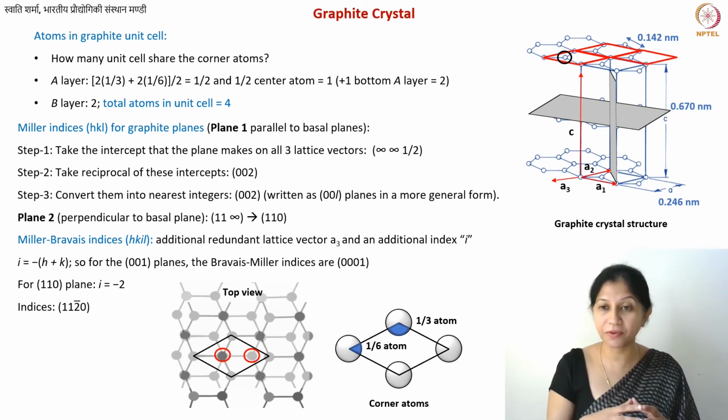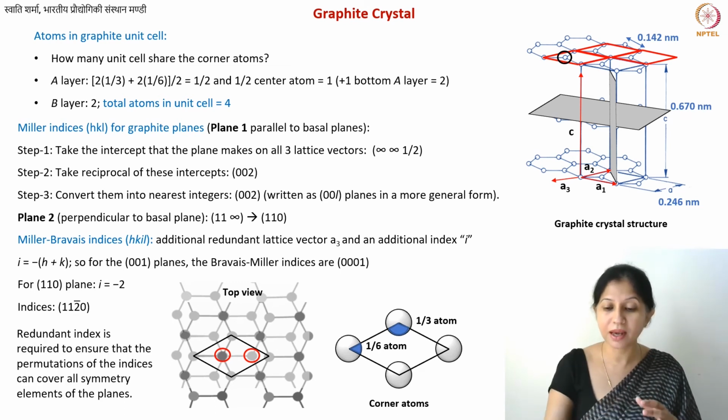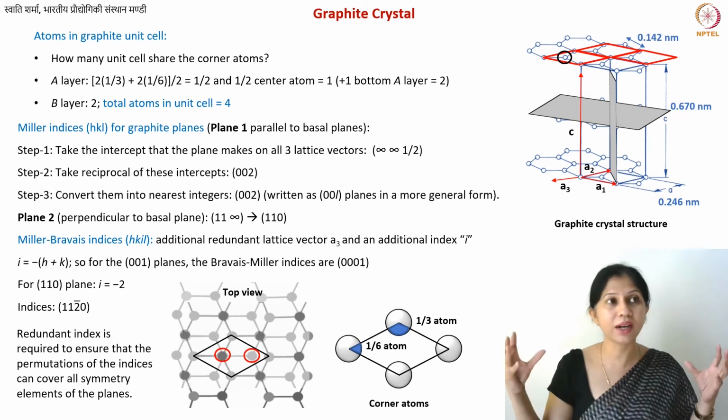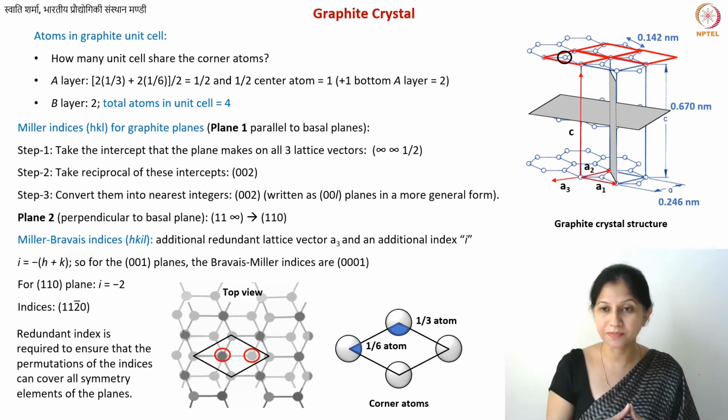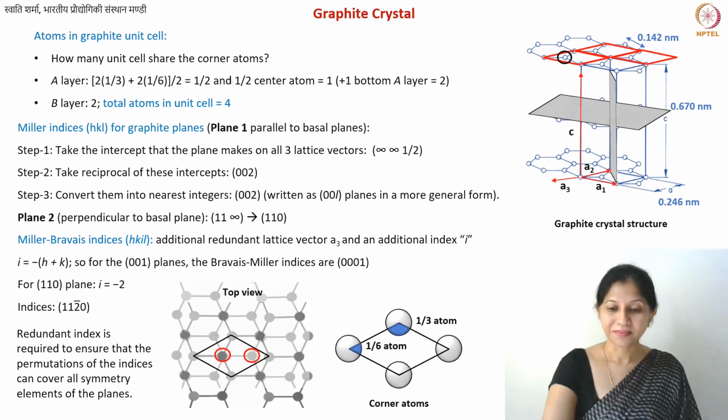So don't get confused if you see these 4 indices. Basically the fourth one, the redundant one, is added in order to include all the symmetry elements, to make sure that we can completely explain the crystal, because hexagonal crystals have different symmetry elements compared to the cubic crystals. So in order to justify that, we add this fourth index.